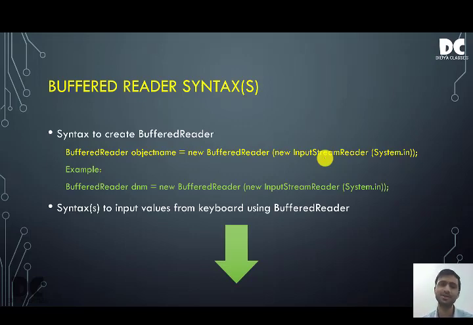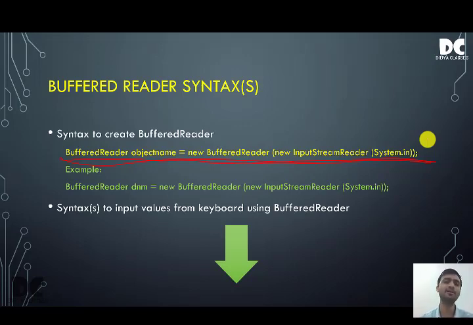Before taking input, you have to create the buffer reader object, and this is the syntax for that. If you remember class 9, when using the scanner class, before taking input we used to write Scanner x = new Scanner(System.in).